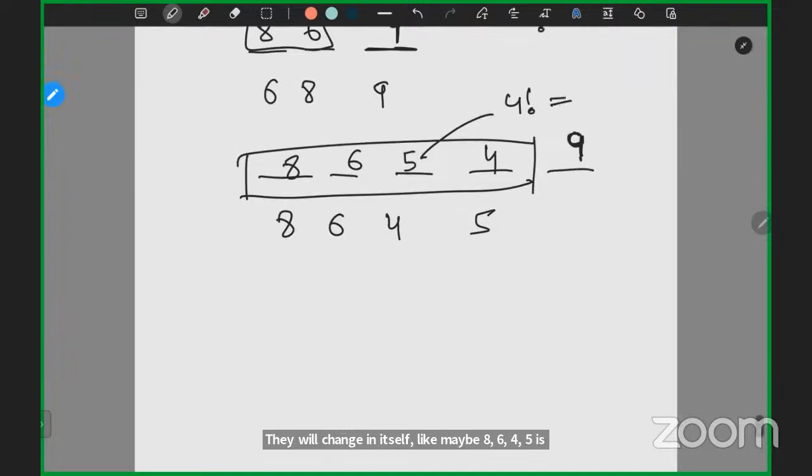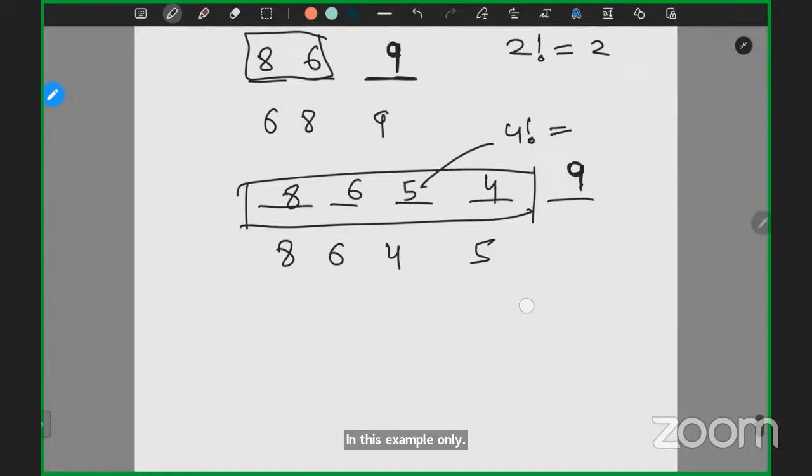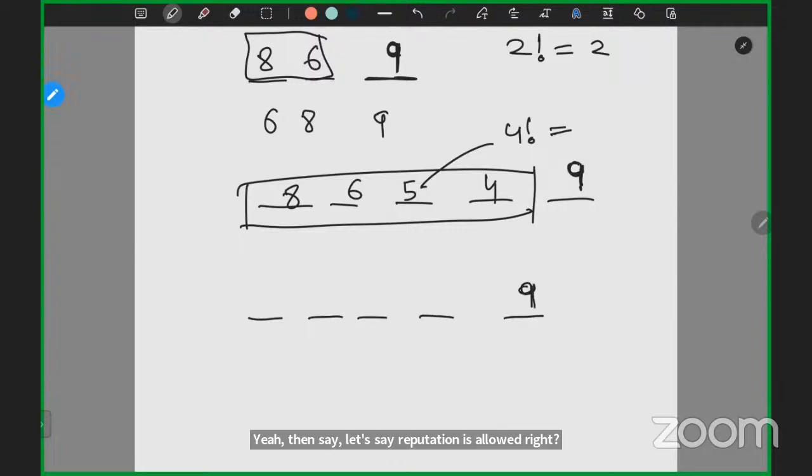The only problem you'll face with numbers is when 0 is in the picture. What if repetition is allowed in this example? Then I have this 5 number, 9 should be here, and repetition is allowed.